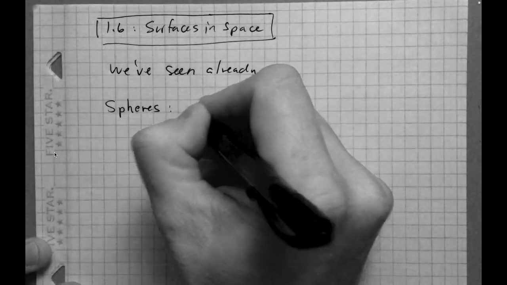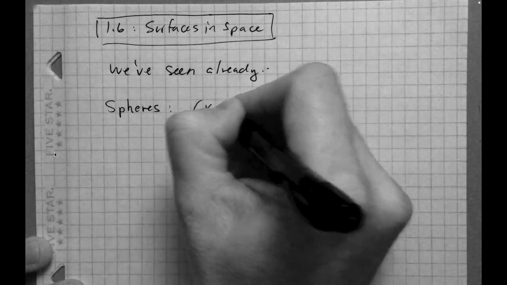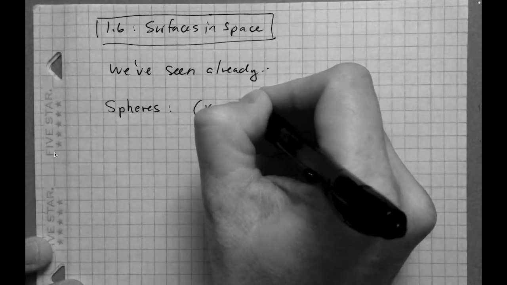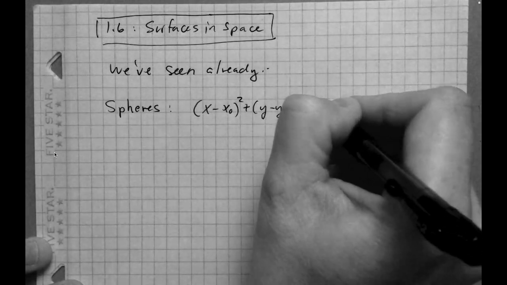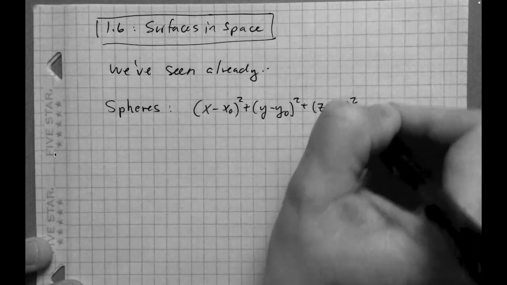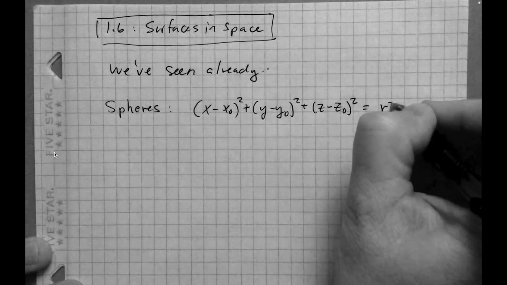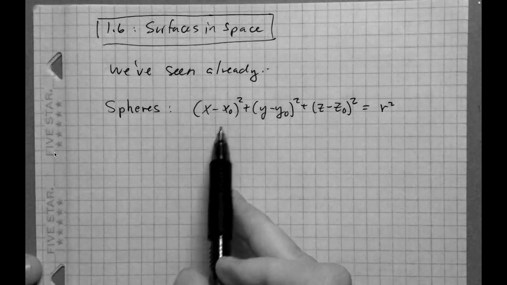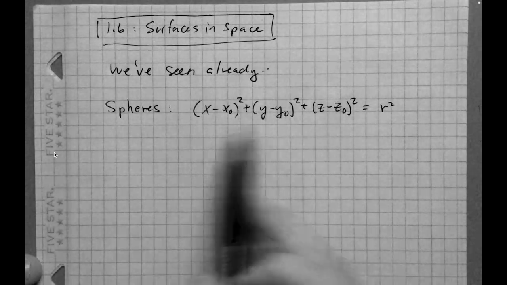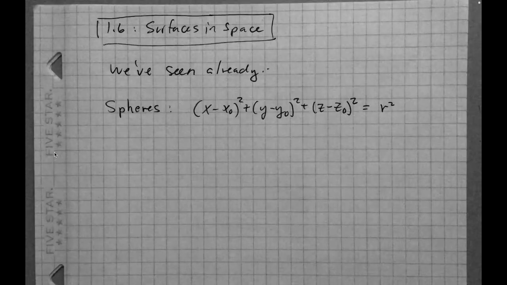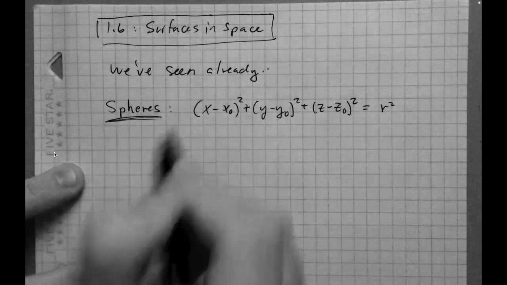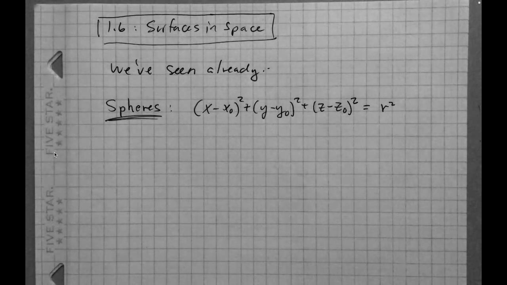The equation for a sphere was x minus x0 squared plus y minus y0 squared plus z minus z0 squared equals r squared. Here, (x0, y0, z0) is the center of the sphere, and r is the radius of the sphere. We've seen those types of three-dimensional shapes.